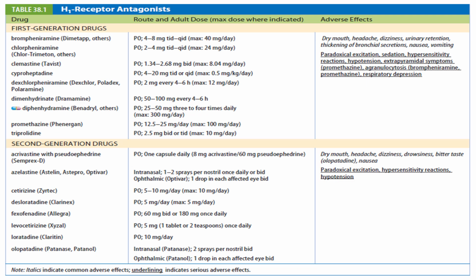All of them also given per orem. Now, as compared with your first generation, the second generation drugs could exhibit non-drowsy effects when taken per orem once the drug has started its action.